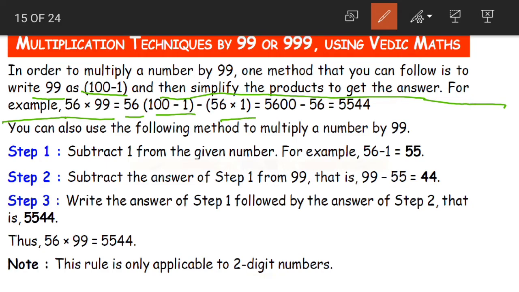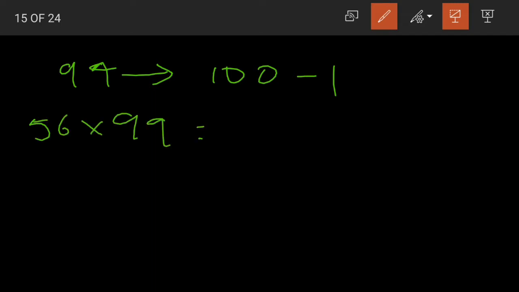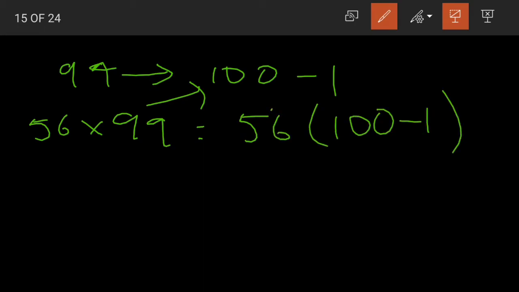Okay, I'll explain it to you. 99, how can we write 99, children? 100 minus 1. Yes. So here we need to multiply 56 with 99. So instead of 99, I'll write 100 minus 1. The same technique we did for 15, right? There we took 10 plus 5. Here we are taking 100 minus 1.